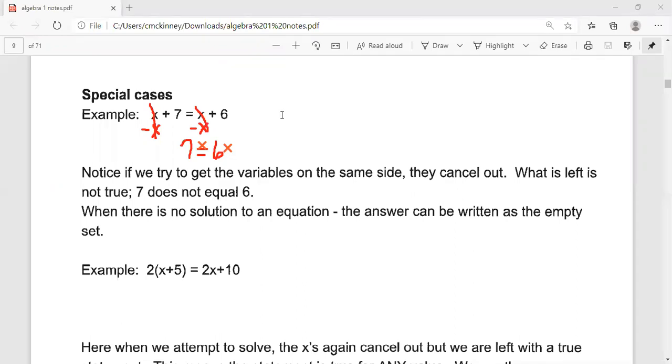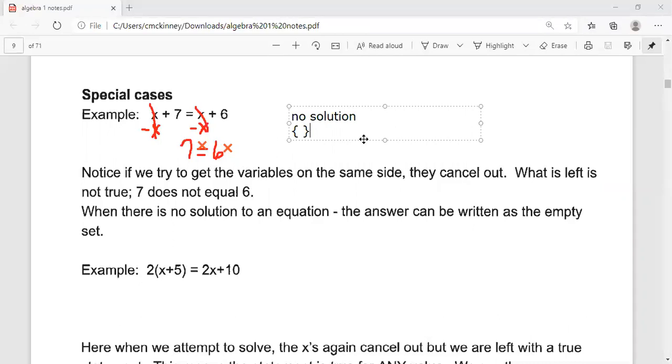So I believe in IXL, that's what they're going to say, that you would have no solution. There's also, in set notation, that can be written as the empty set, and it just would look like the little set braces with nothing inside, okay?